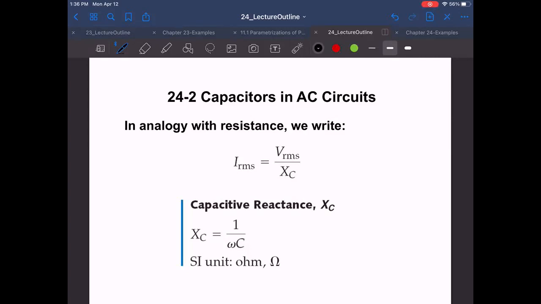So instead of V equals IR, it's V equals I X_C. That's our capacitive reactance. Notice it just equals 1 over omega times C. So if you know the frequency of your signal, it depends on both the frequency and the capacitance. The larger your frequency gets, the smaller your reactance is going to be.